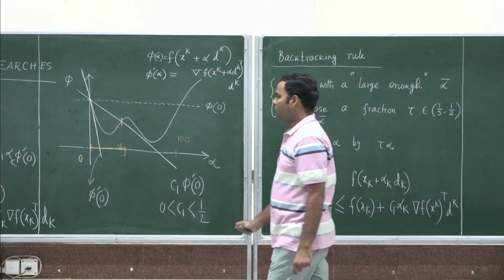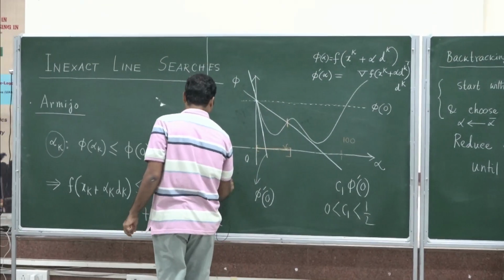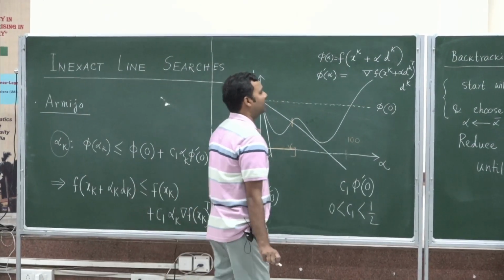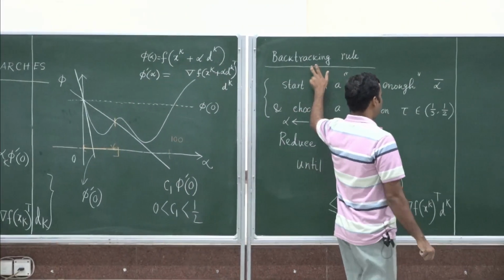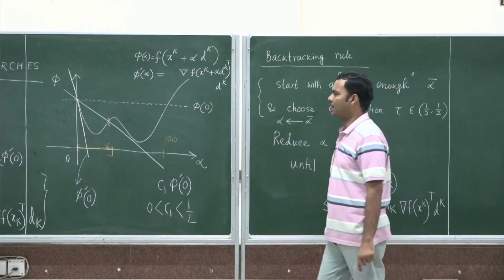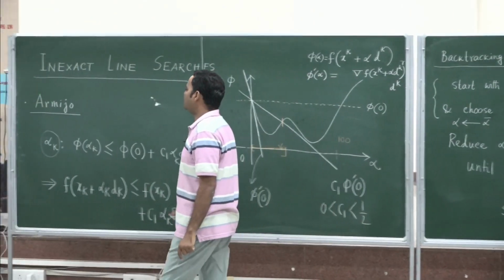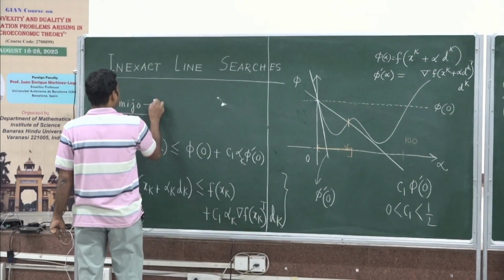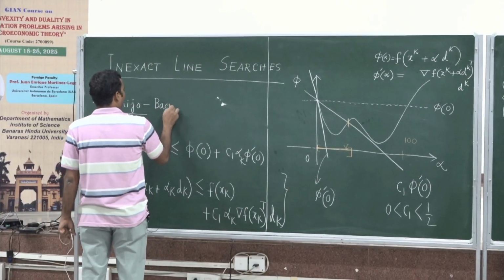So this Armijo condition plus this backtracking rule, these two together, are called the Armijo backtracking rule, and that is our inexact line search method 1.